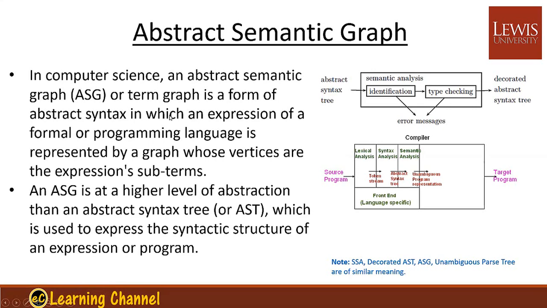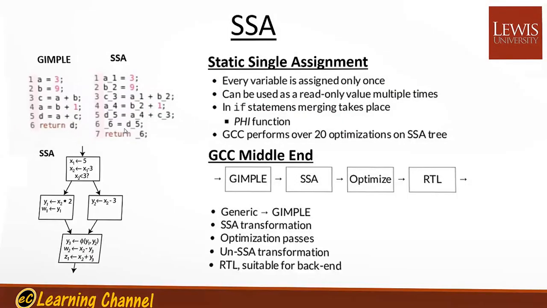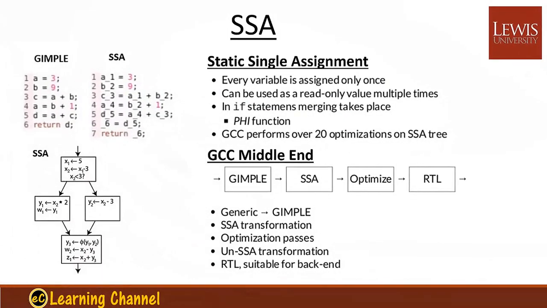Yes. And then we have SSA, static single assignment. Who looks like this? GIMPLE looks similar, right? So GIMPLE is a stage before SSA. GIMPLE has A equals 3, B equals 9, C equals A plus B, and then A equals B plus 1.